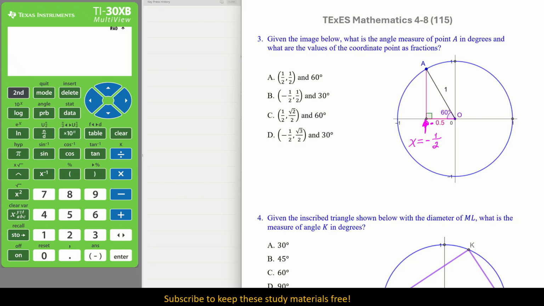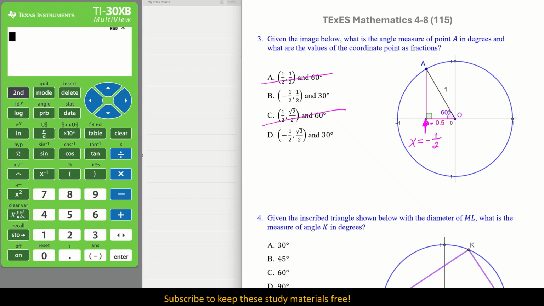Okay, so that's the difference between the distance and the point itself. We're interested in the point itself. Well, knowing that and seeing that, that's the first thing that should tell you x is going to be equal to negative half. Well, that gets rid of A and that gets rid of C.